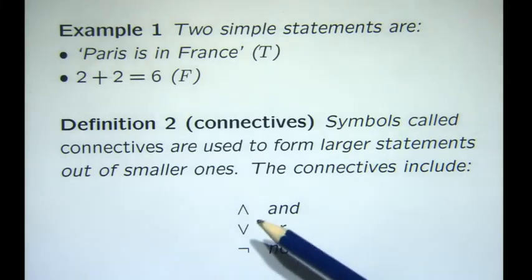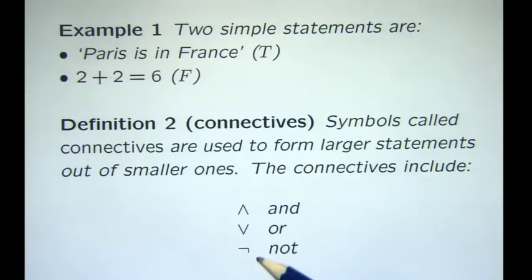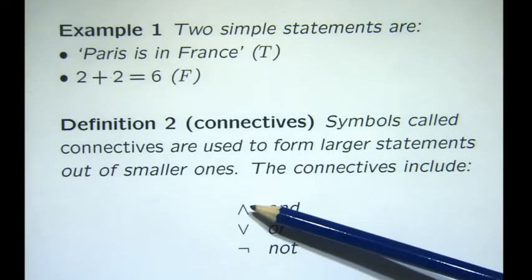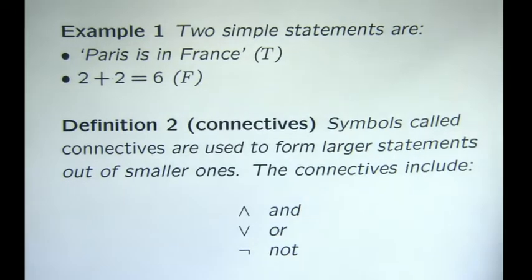So these are the symbols I shall use for the operators and, or, and not. You might be used to using other symbols, I understand that. Those are the symbols I shall use, and in particular, in case these symbols for and or are unfamiliar to you, we'll see a good reason for that choice in just a moment. So, what do they mean, though?